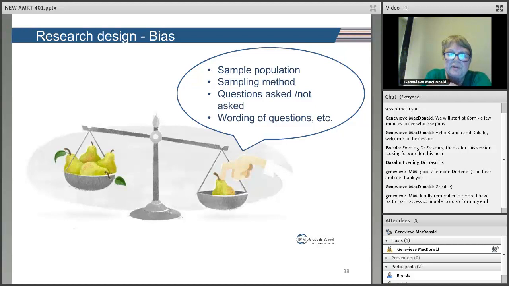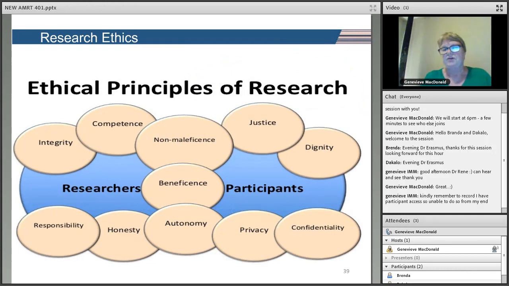That is why people are very critical of your research design, and they will ask, why? Why did you do it that way? Can you motivate it? What did you do to remove bias from your particular research design?